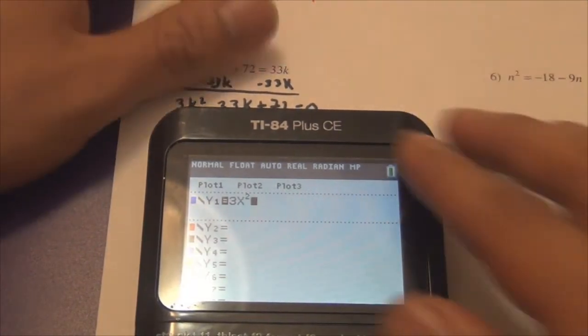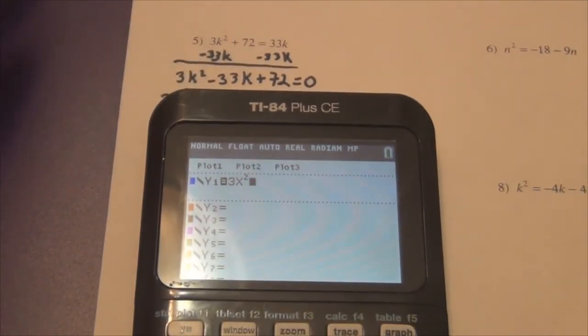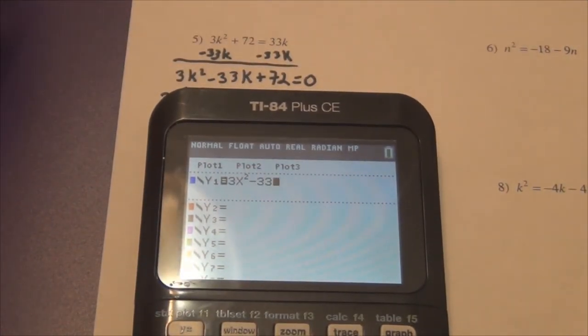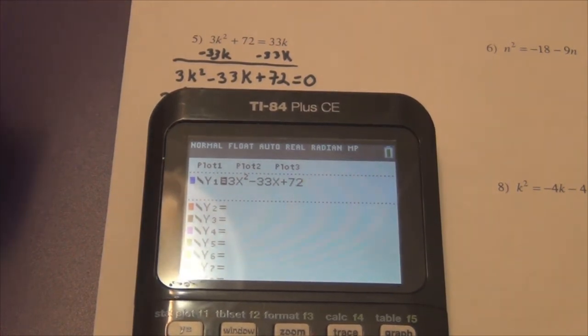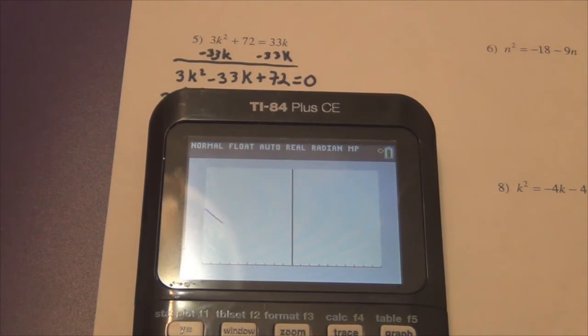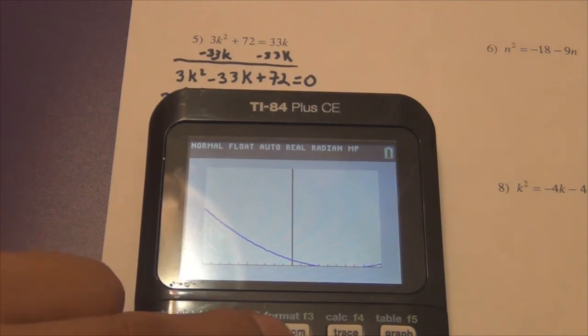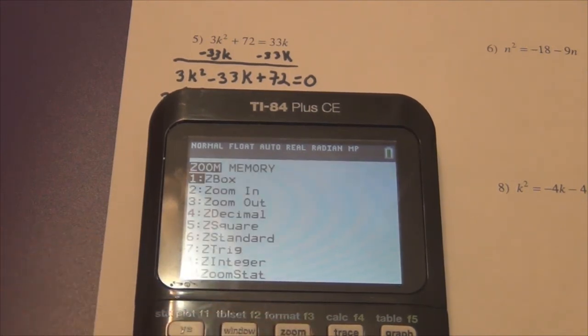So I have to go to this one. There you go. Minus 33x plus 72. Now I'm going to graph. All right. I'm going to get rid of this because we don't need it anymore.